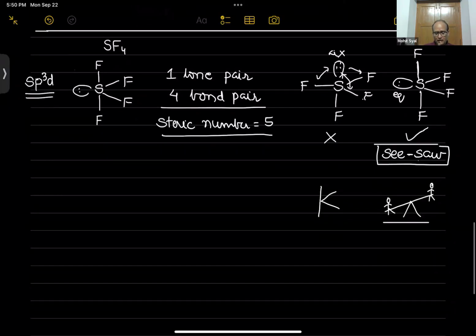Yes, sir. Now suppose in 5 groups there are 2 lone pairs and 3 bonds. So what is going to be the exact shape of the molecule? For example, let's say I take ClF3.